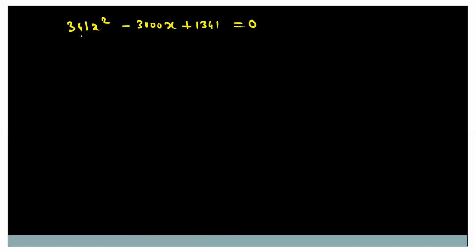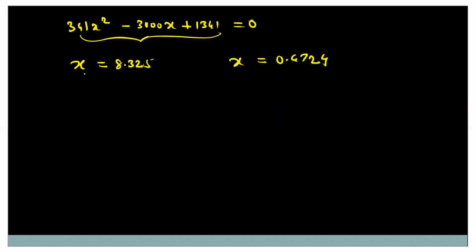Solve this in the equation mode in your calculator and get the value of x. So you will get the first value x is equal to 8.325 and the second value x is equal to 0.4724.